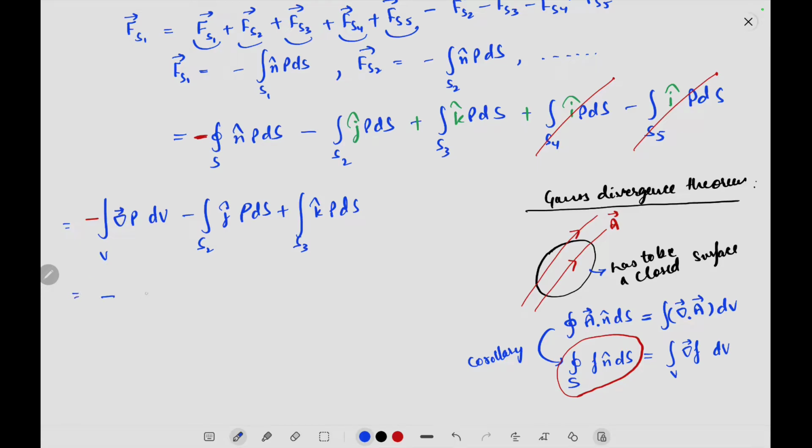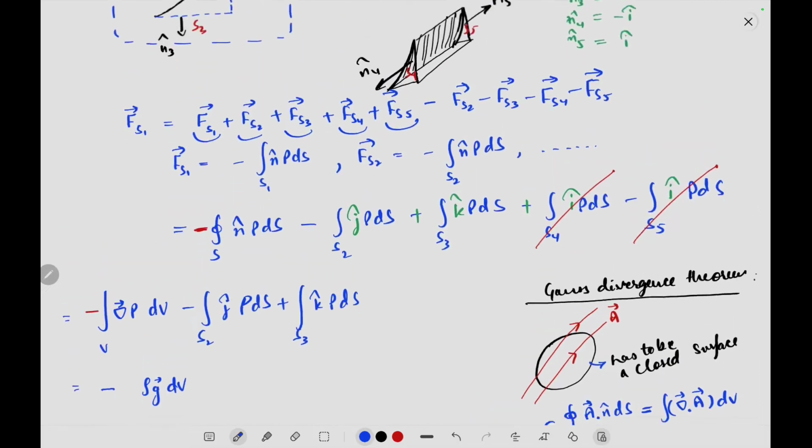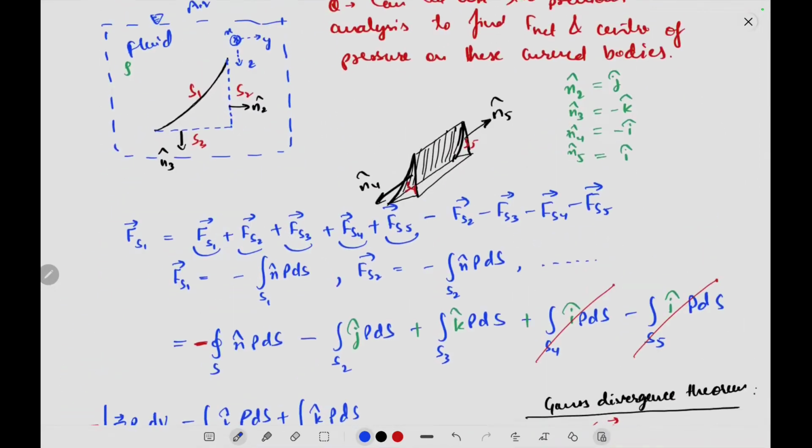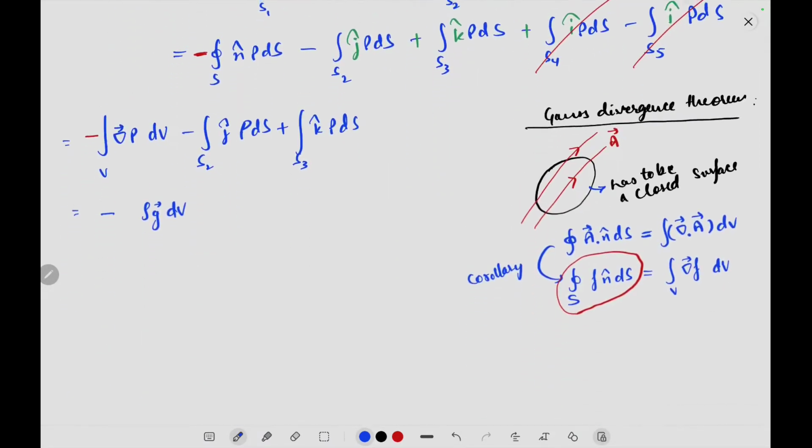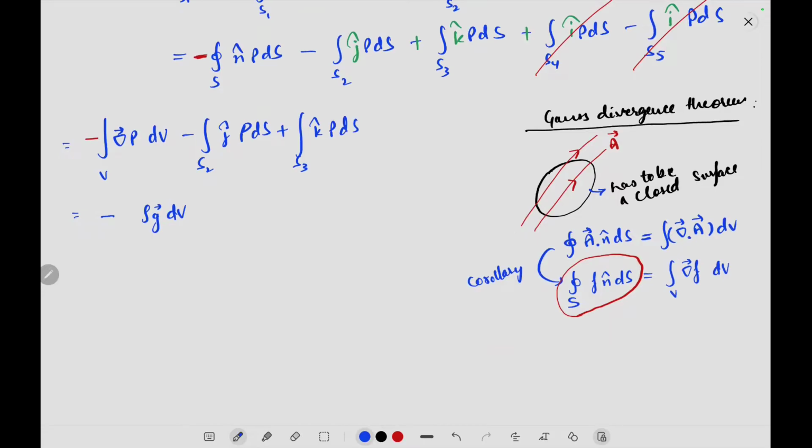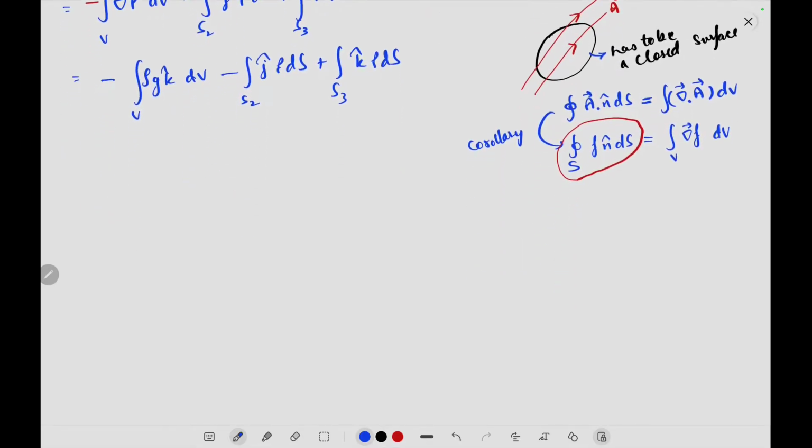So this becomes minus rho g vector dv, and where is this gravity acting? The gravity is acting along the positive z-axis. So we can just write this g as g k hat. So this becomes the integral of k hat dv, minus the integral over s2 of j hat p ds, plus the integral over s3 of k hat p ds.